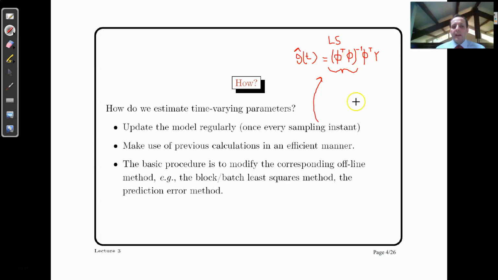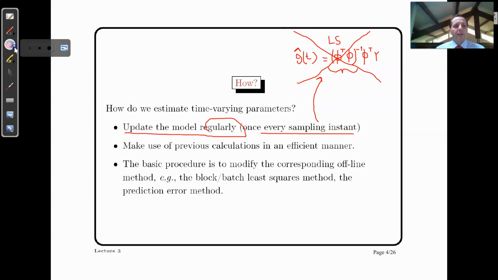But in any case, updating the model every time instant can be computationally expensive. So you must forget this idea. It's impossible to implement the classical least square approach at each time instant.